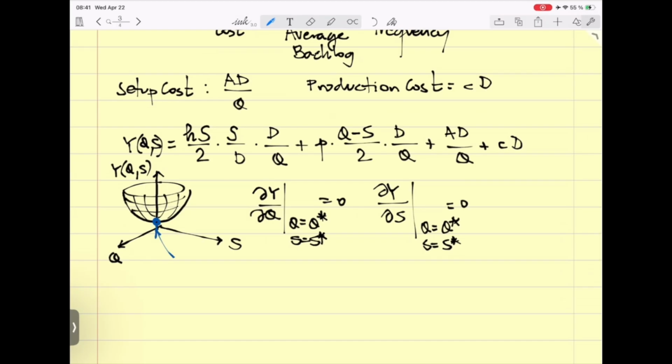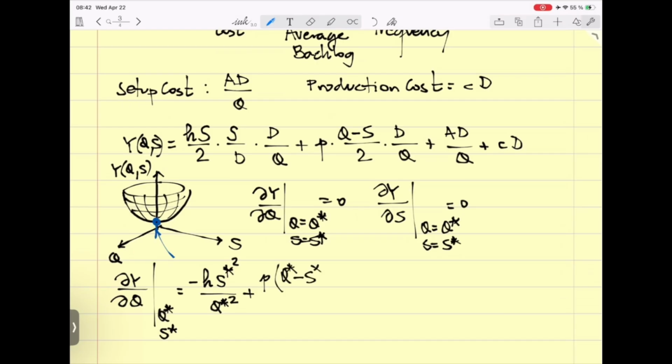So let's do it. The first derivative of epsilon with respect to Q, at Q star and S star, equals minus h S star squared divided by Q star squared, plus P multiplying Q star minus S star divided by Q star.